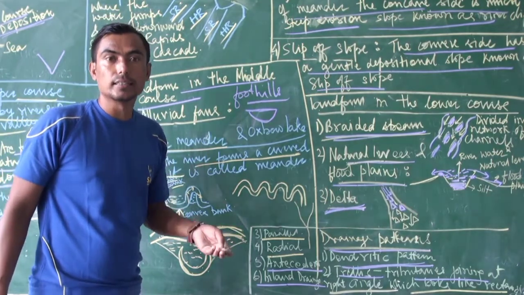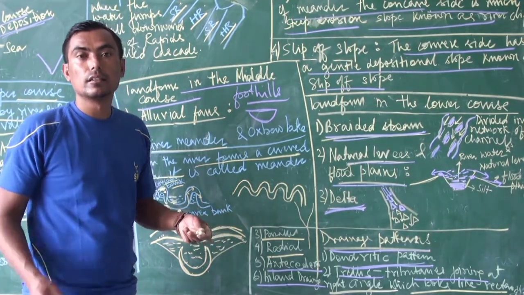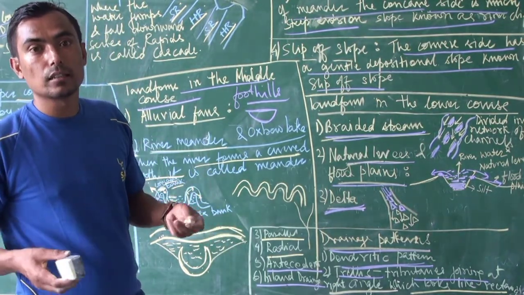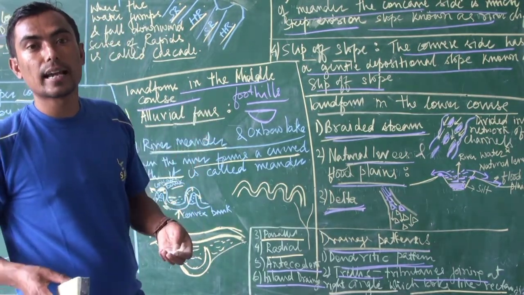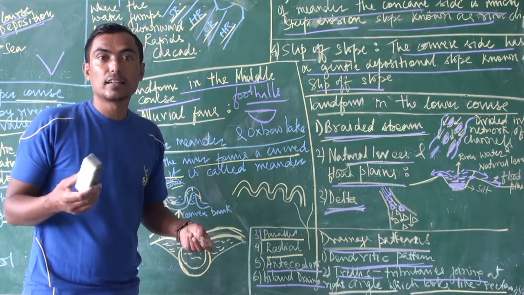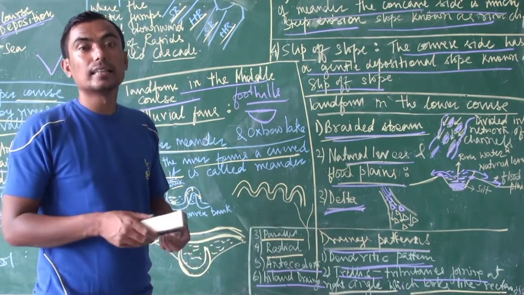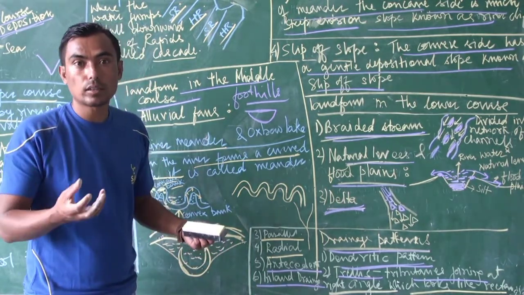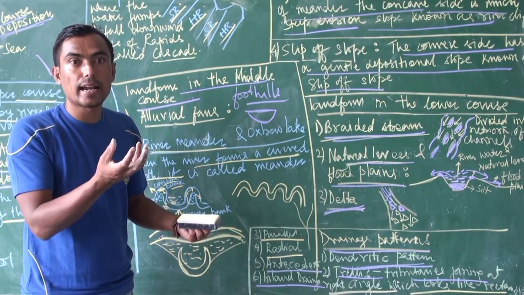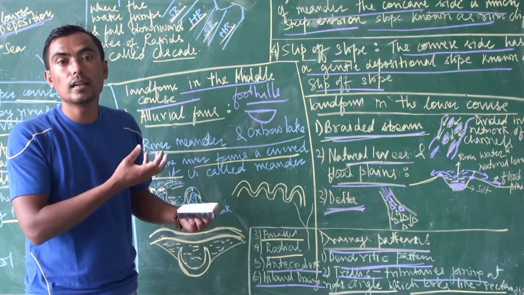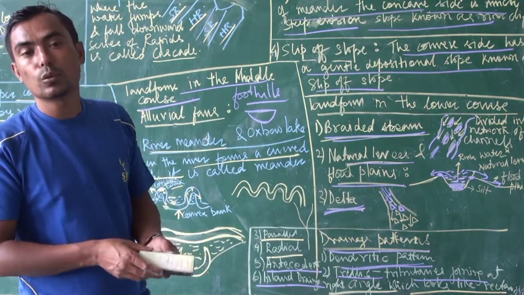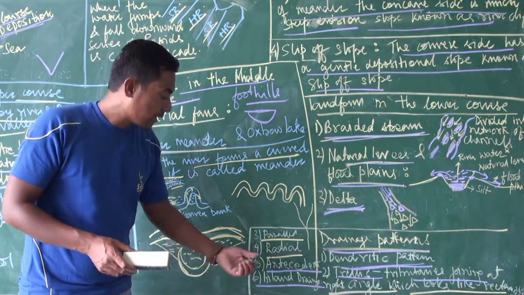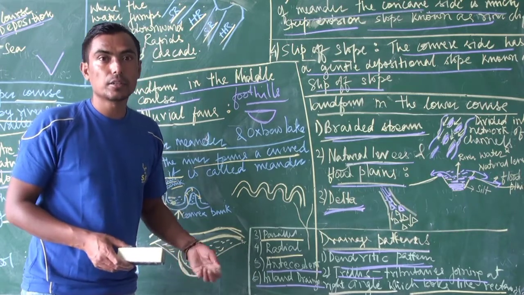Before it enters the Arabian Sea, the river disappears. The reason why it disappears is because there is plenty of sand in Rajasthan. As there is plenty of sand, the water seeps through the sand and disappears underground, not able to reach the sea or the ocean. So that is the inland drainage pattern.